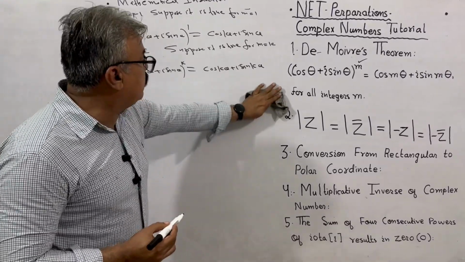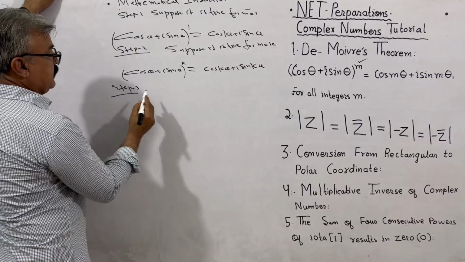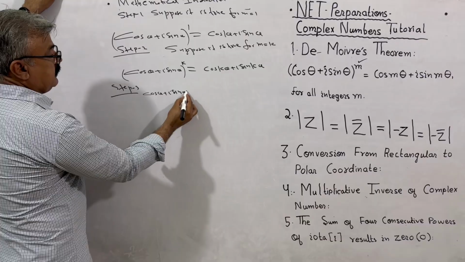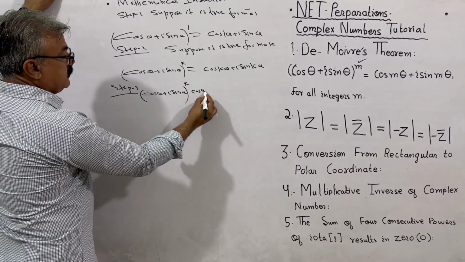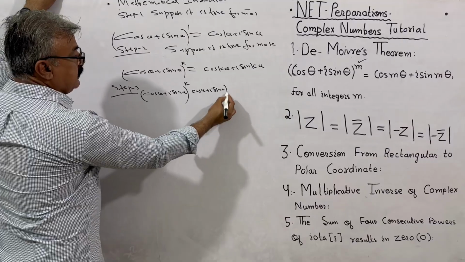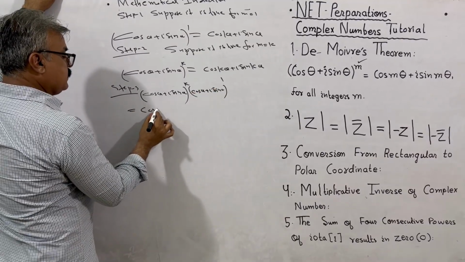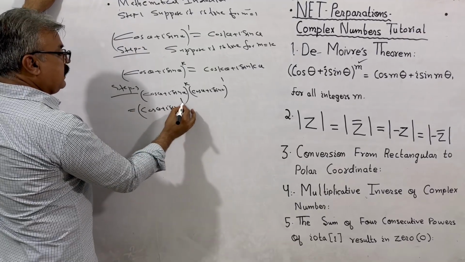So the trick works here by multiplying cos theta plus iota sin theta on both sides. I have cos theta plus iota sin theta power k multiplied by cos theta plus iota sin theta power 1. It will become cos theta plus iota sin theta raised to k plus 1.